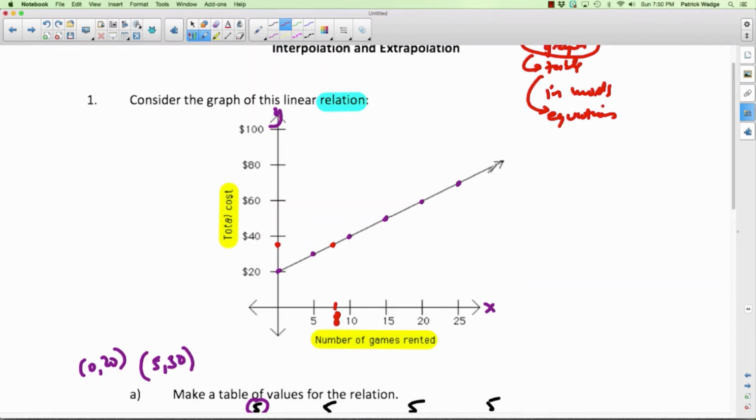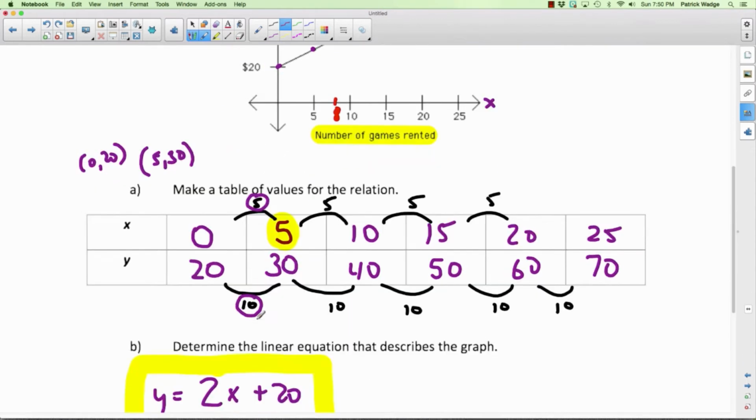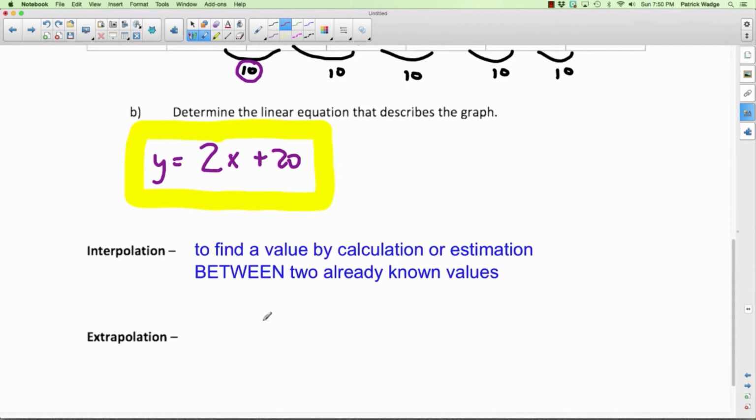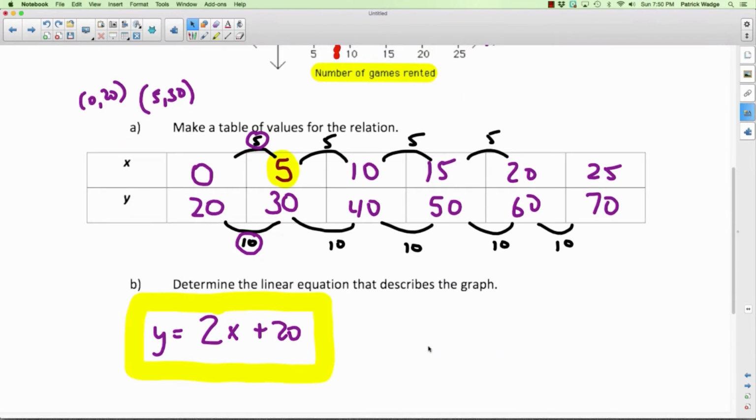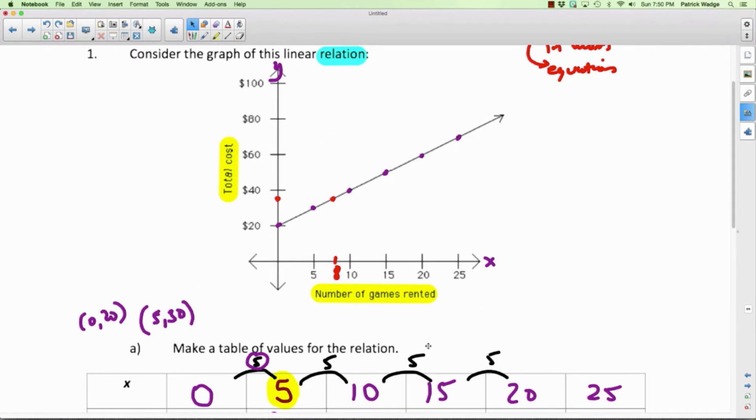Using your graph to estimate points that aren't actually on the graph yet, or using your equation to figure it out. Now, extrapolation is very similar, except it's used to estimate values that lie beyond all the values we already know. So for example, in the points on this graph, let me get rid of this one because that wasn't actually on the graph. It only went up to 25 games.